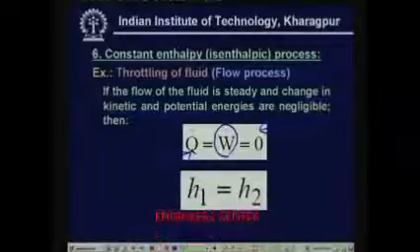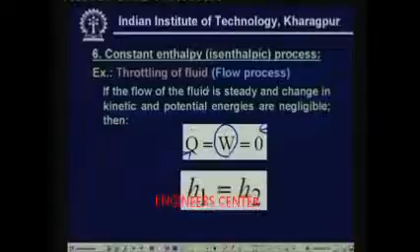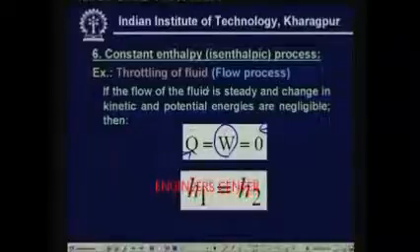So Q dot and W dot are 0 for the throttling process in a steady flow.